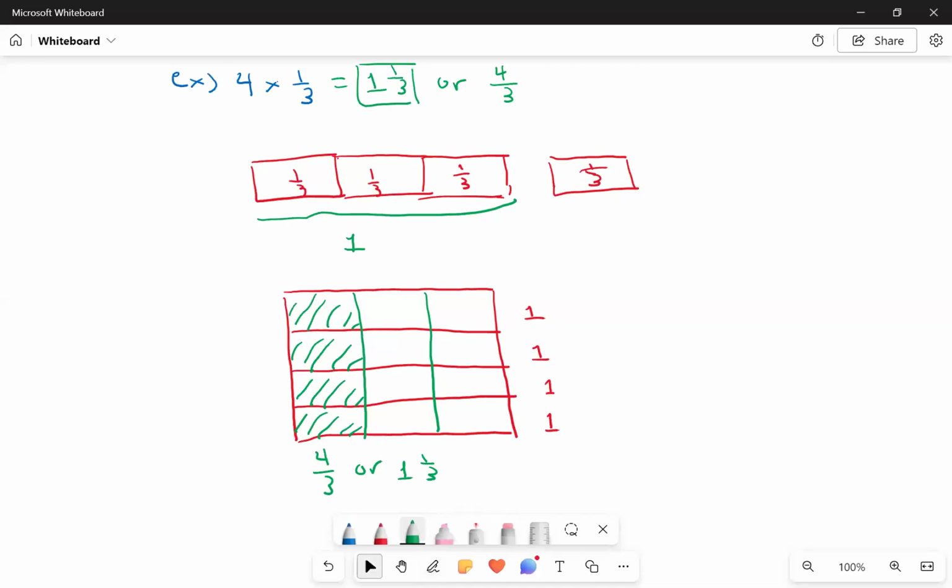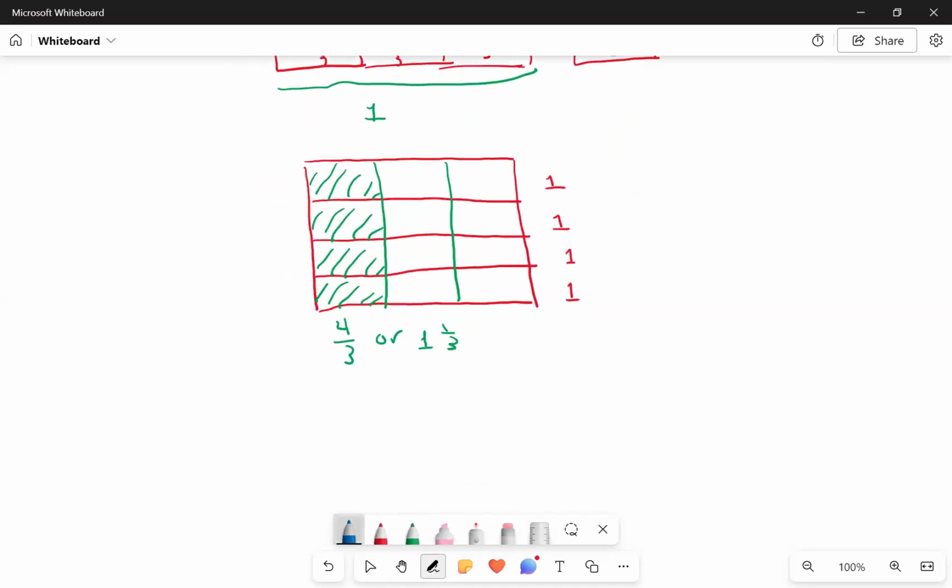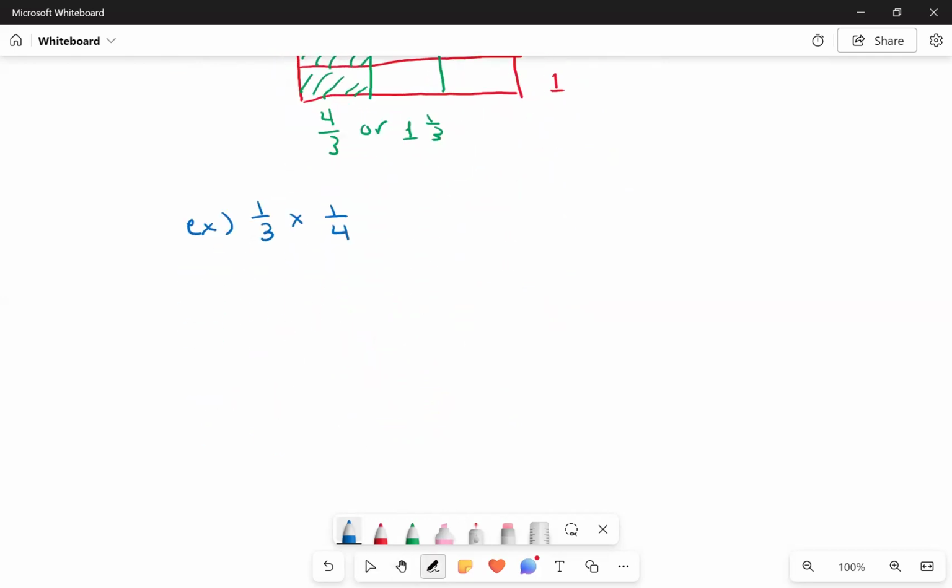The other type of picture or visual that we use is when we're multiplying two fractions, like 1/3 times 1/4. In this case, they use a rectangle to represent each fraction. I'm going to start with representing 1/3.